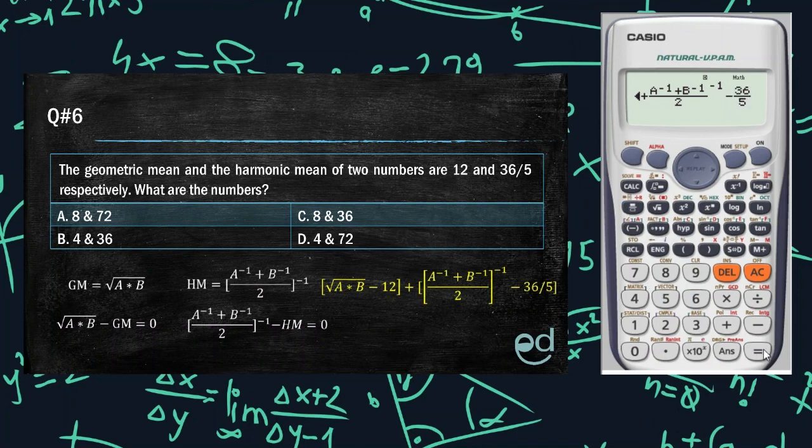Again, when we press calc, we will input the values of a and b for each of the choices. We need to have a result of 0 to determine that that is the correct answer.